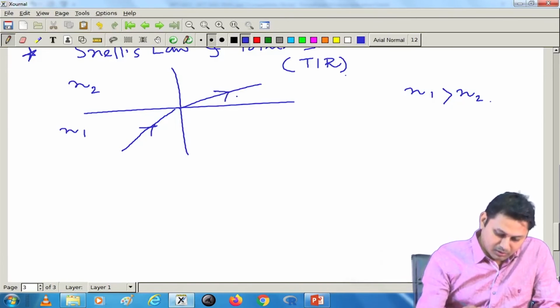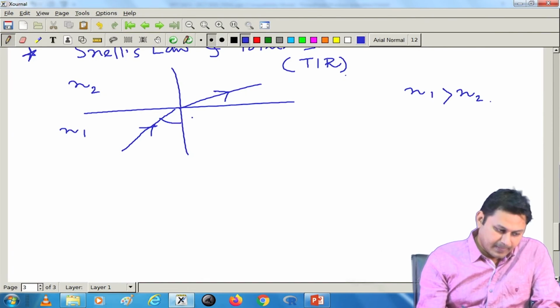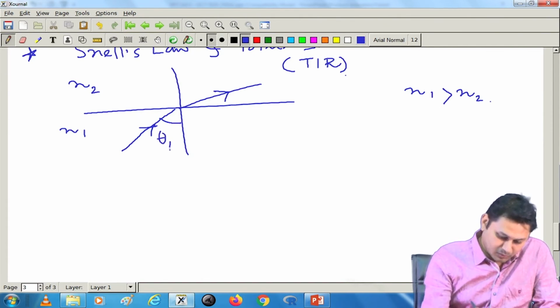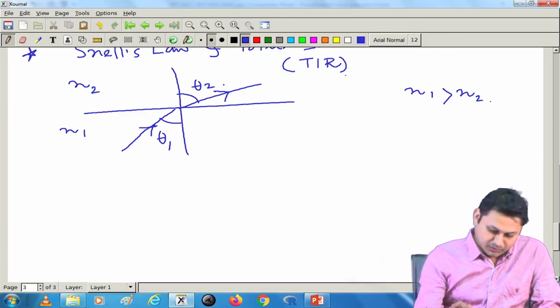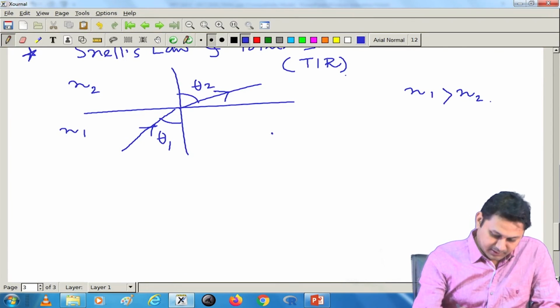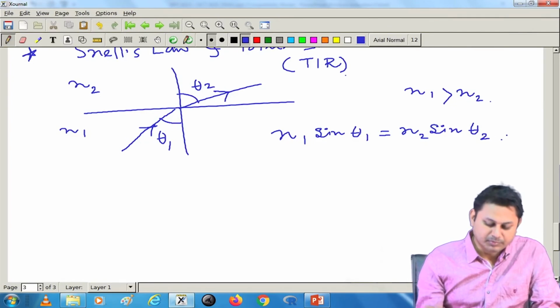I have angle theta 1 here and I have angle theta 2. Now Snell's law says that N1 sin theta 1 is equal to N2 sin theta 2. This is simply the Snell's law.